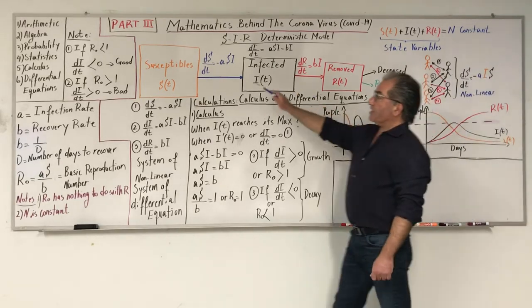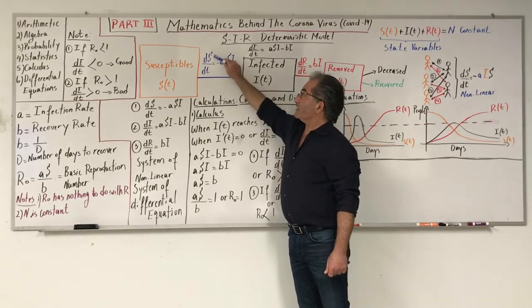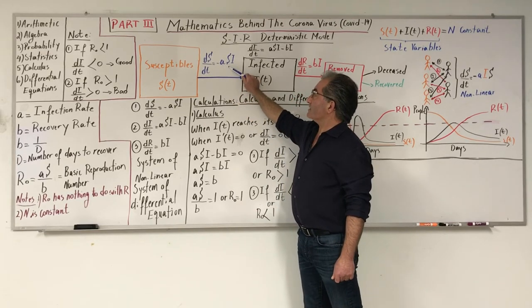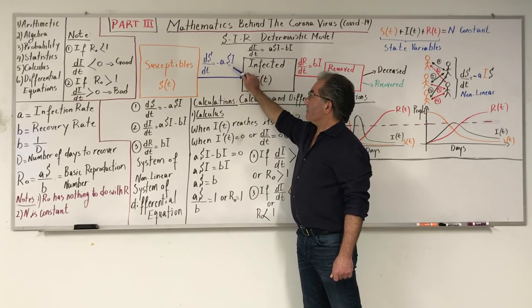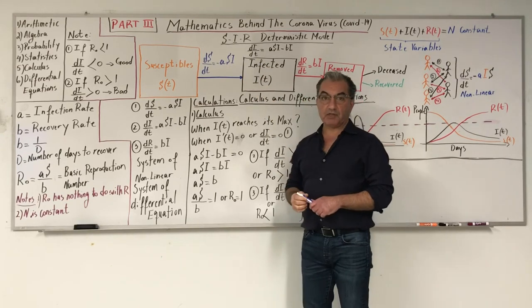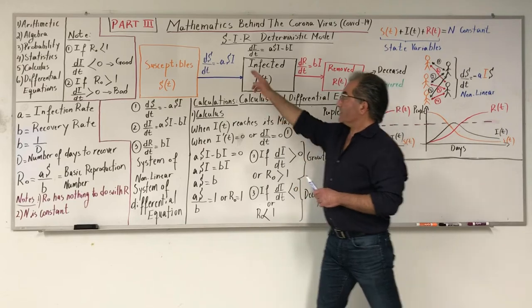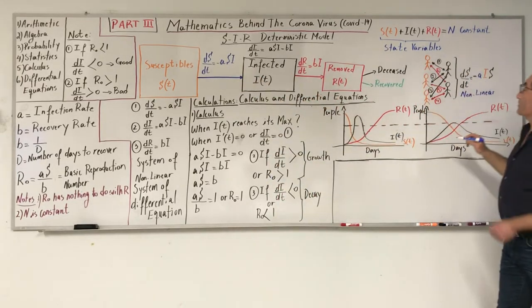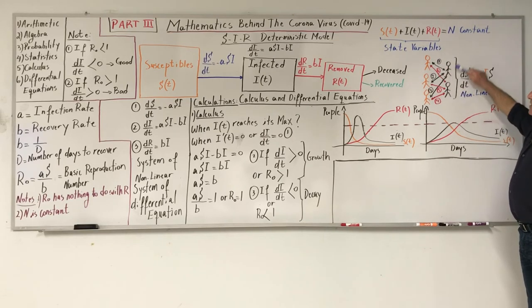The rate of change of the susceptible people instantaneously is proportional to S, the number of susceptible people, and I, the number of infected people. Why? Because those two quantities are in touch with each other. I took a simple example.